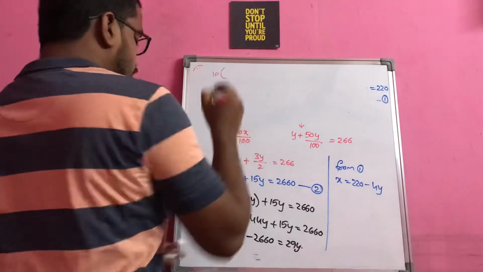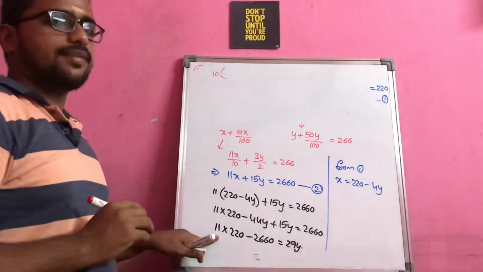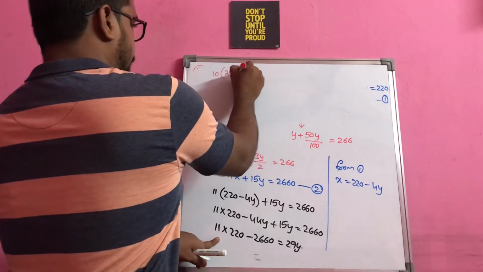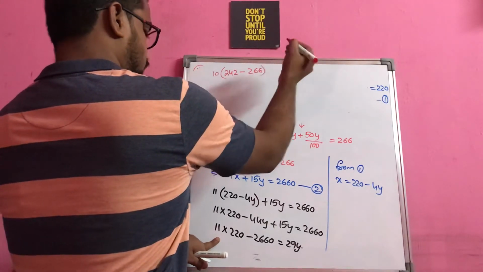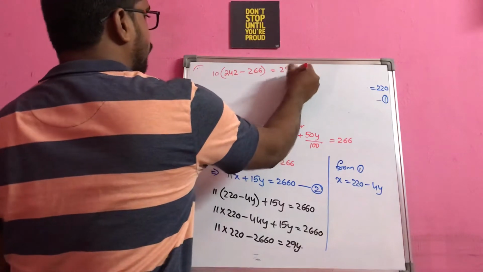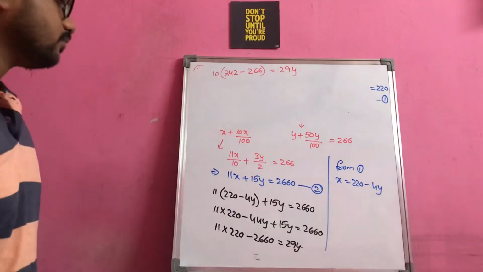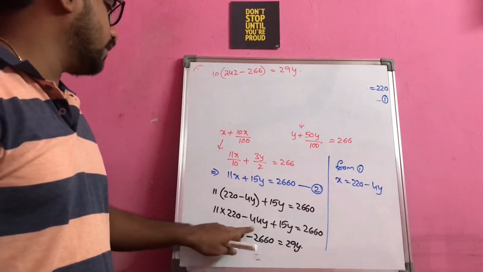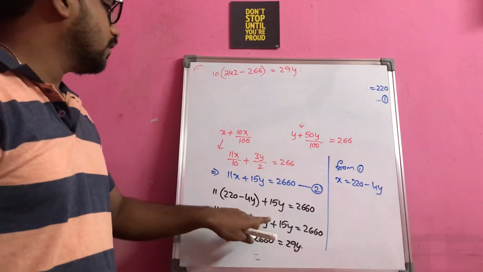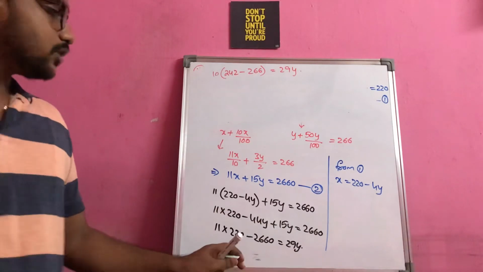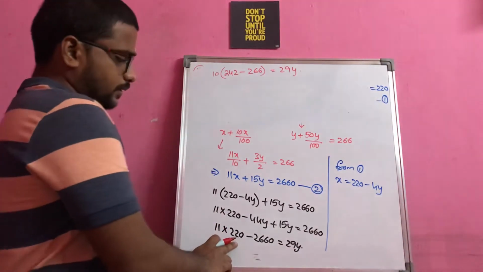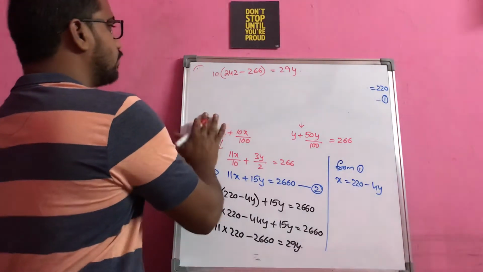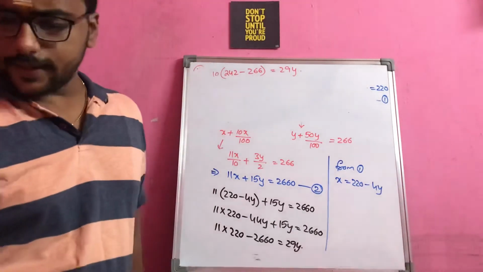So 10 into 22 into 11, that is nothing but 242, minus 266 is equal to 29y I am getting. 220 minus 4y, this is minus 44y plus 15y, so minus 29y. 22 into 11, 242. We are getting in terms of negatives.